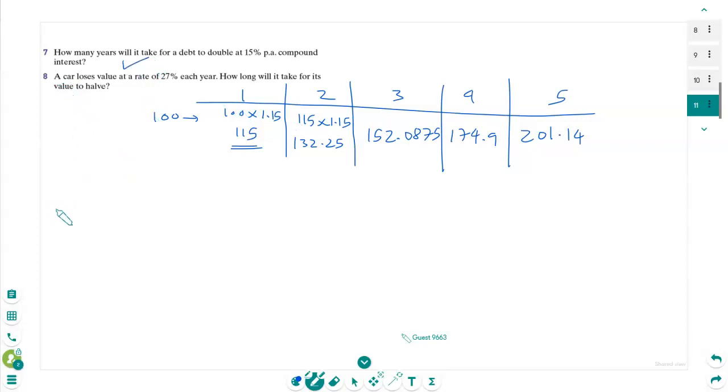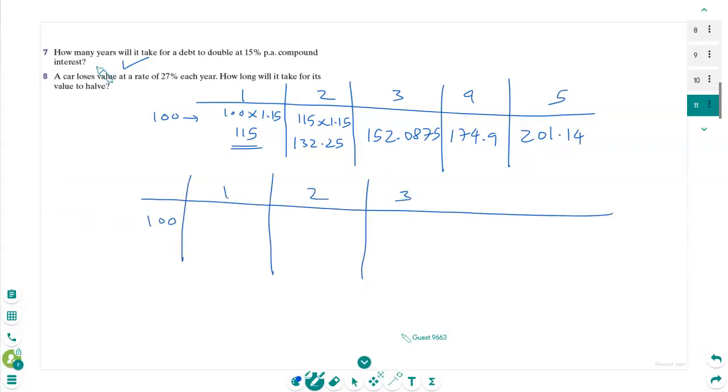How about number 8? A car loses value at a rate of 27% each year. How long will it take for its value to halve? So how do you find this? It's actually 100 into 1 minus 0.27, right?